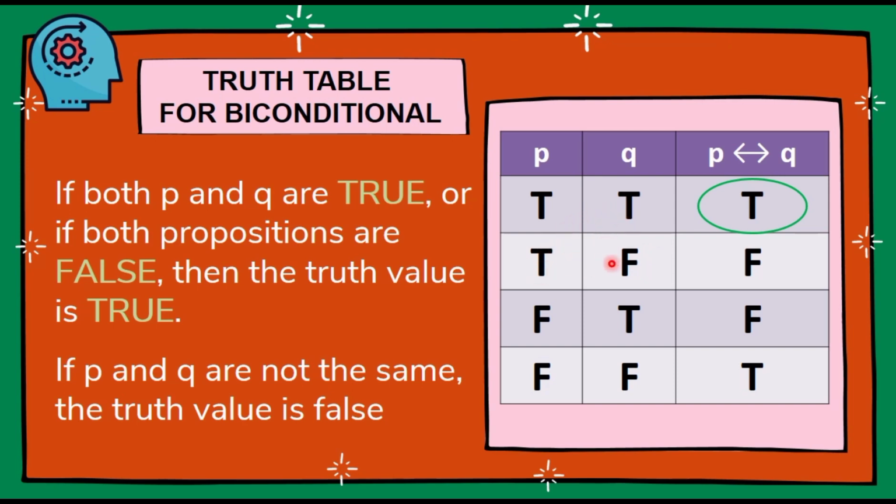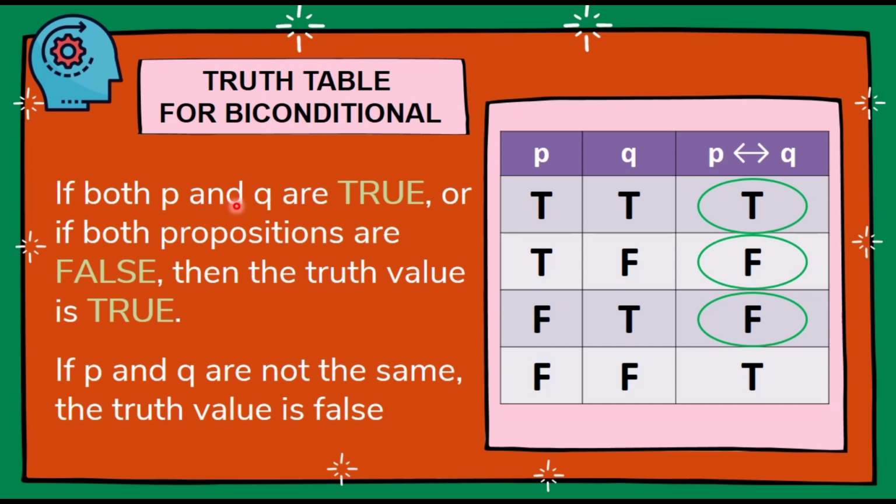True, false. So, criteria, P and Q, true, false. Meron tayong nakitang false. So, automatic, false. False, true. Meron tayong false. Automatic it is false. Then, false, false. Balik tayo sa criteria 1.